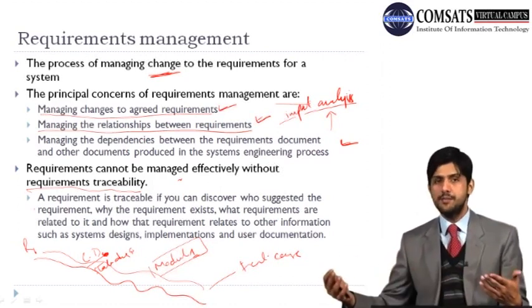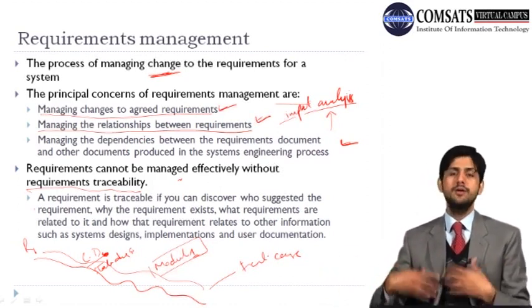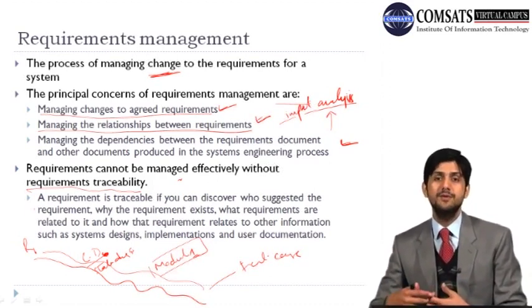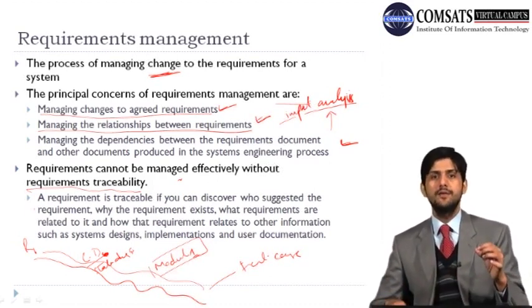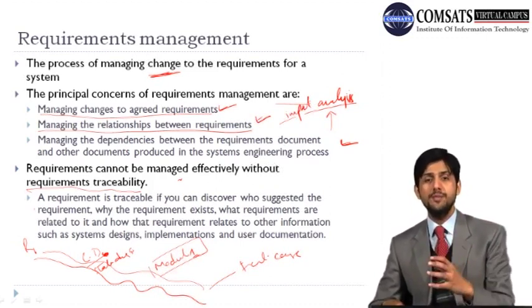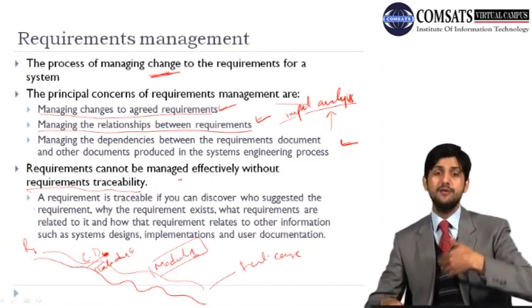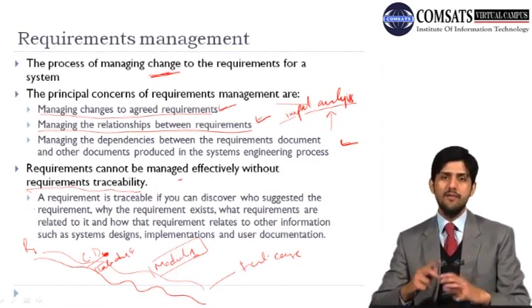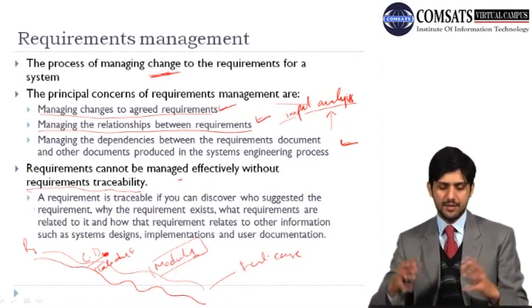That is a very simple traceability matrix. But you can maintain more complex traceability matrices as well, where you link a requirement to different design artifacts. You link it to all the documents or work products, and by that I mean code, design, test cases, everything that is done during the system engineering process.